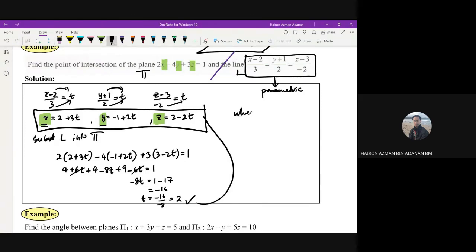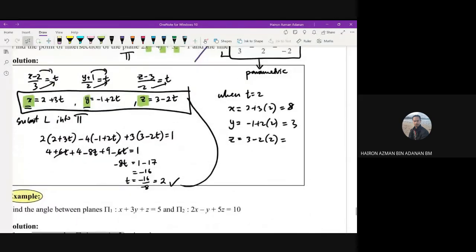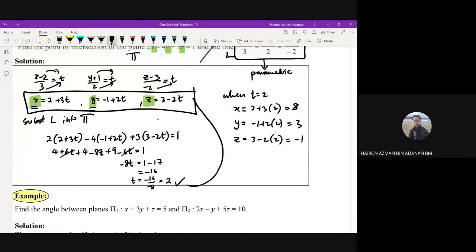Okay, so when t equal to 2, x equal to 2 plus 3 times 2, 3 times 2 is 6, plus 2 is 8. y equal to negative 1 plus 2 times 2, 4 minus 1, that is 3. z equal to 3 minus 2 times 2, you will get 3 minus 4, that is negative 1. Okay, so the coordinate of the point on the plane x, y, z, right? So point dia adalah 8, 3, negative 1.